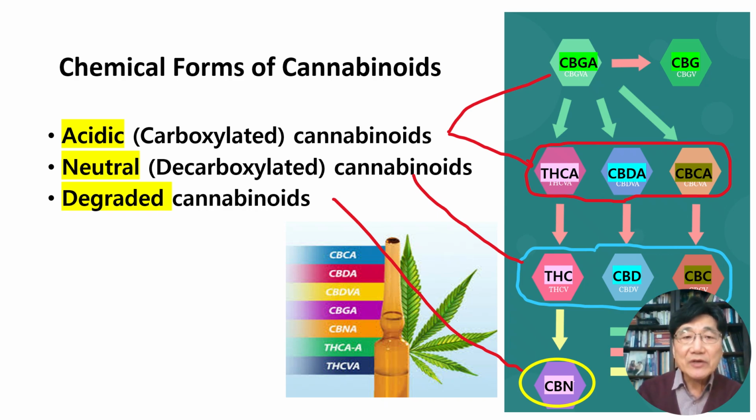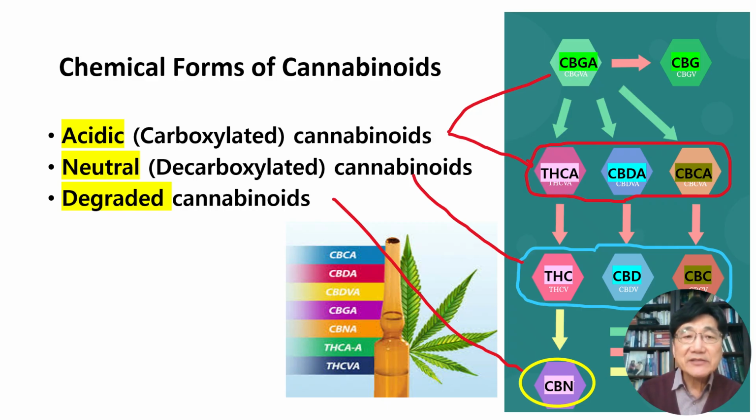However, neutral cannabinoids are decarboxylated forms, which have lost carbon dioxide. They are biologically more active. For example, THC, CBD, and CBC. Finally, degraded cannabinoids are transformed by oxidation, heat, or light.